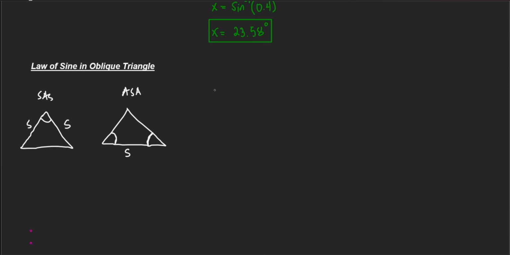And last one is yung tinatawag natin na side, side, side. So, for example, we have side here, another side, another side. So, yun yung mga congruences na kailangan natin tandaan para maintindihan natin ng maayos yung law of sine at saka yung cosine when it comes to oblique triangle.